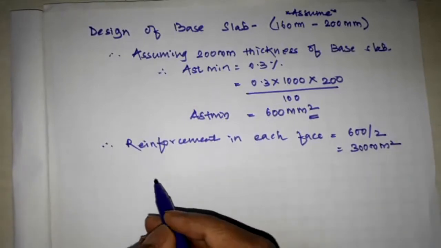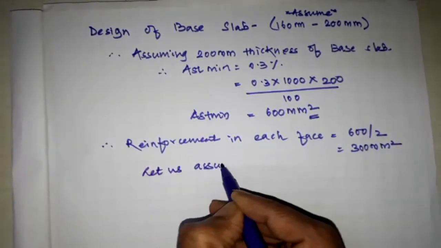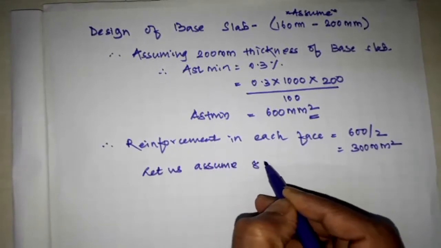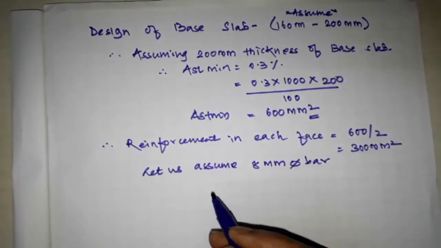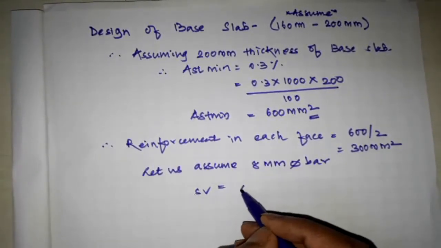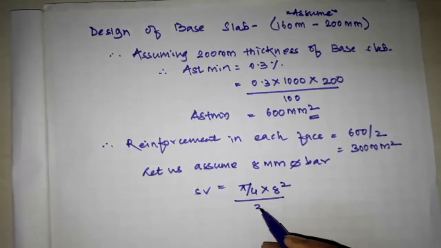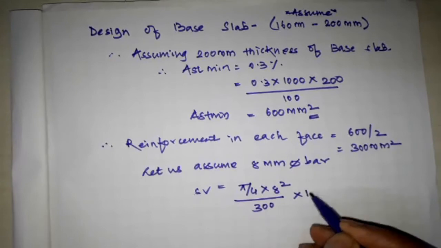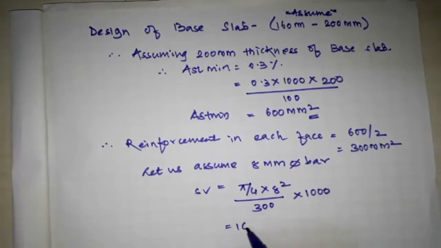Let us assume 8 mm dia bar. By assuming 8 mm dia bar, we get spacing SV, the spacing of bar, pi by 4 into 8 square divided by 300 into 1000. So here we get 167 mm. So we'll have 150 mm center to center.